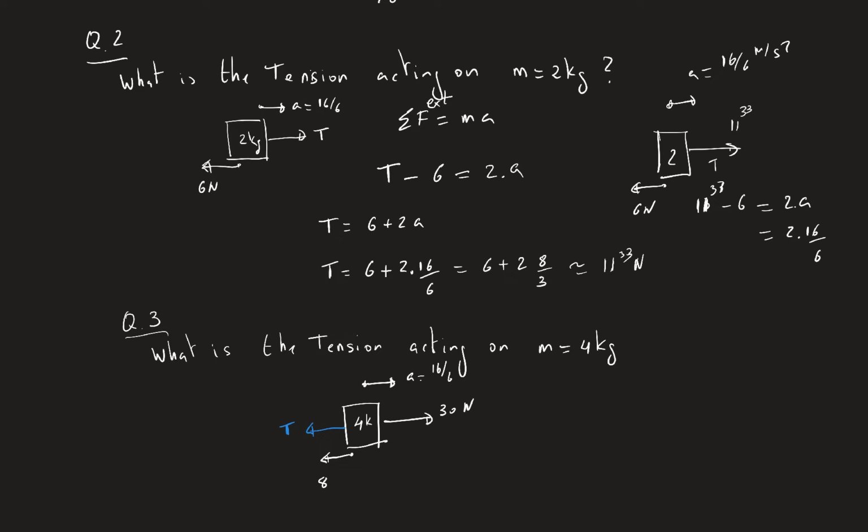So I will place an equation, taking positive to the right: plus 30, plus minus 8, because 8 is going to the left, plus minus T, because T is going to the left, equals the mass times the acceleration. But the mass is 4 kilograms, and the acceleration is 16 divided by 6.